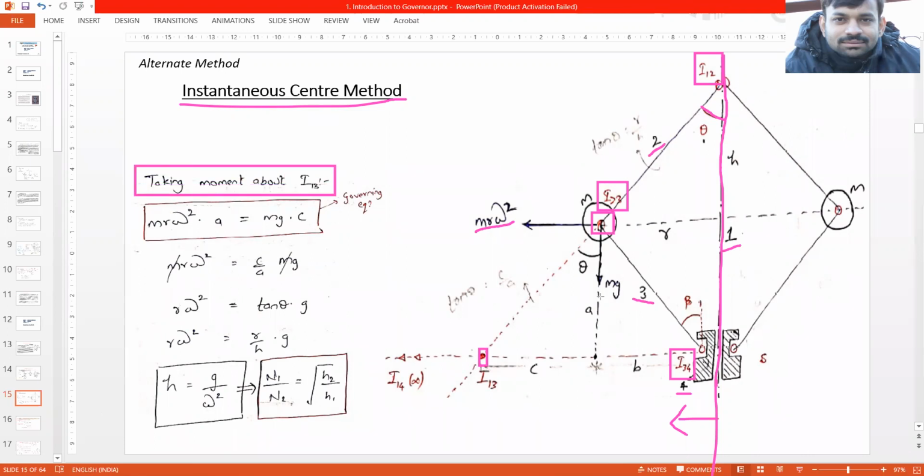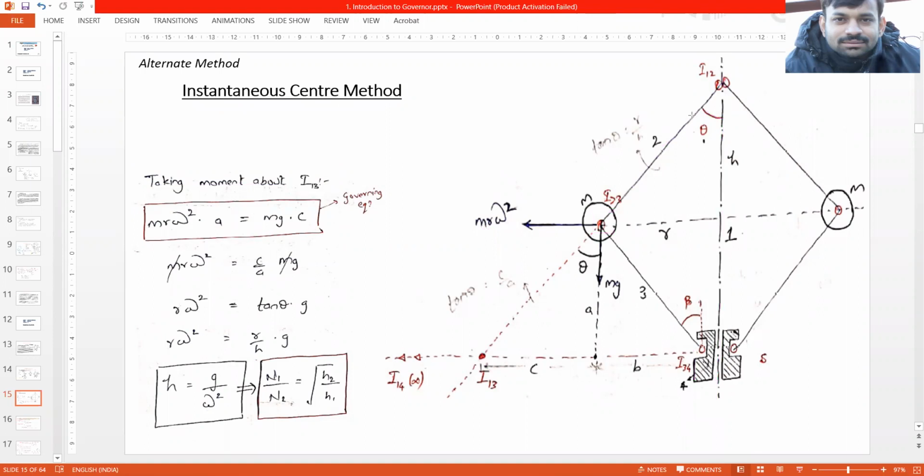So in order to determine these distances, let's consider this is angle theta. This is the radius of rotation r, and this is the height h. This would be angle beta. Now I have one force over here, m r omega square, and another force, the mg force, acting on the ball.